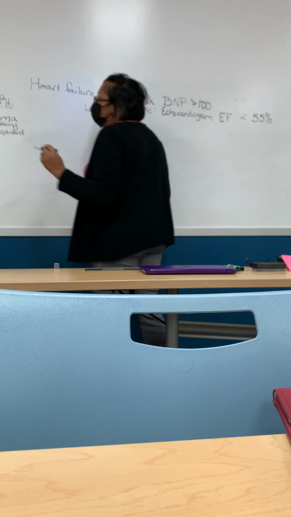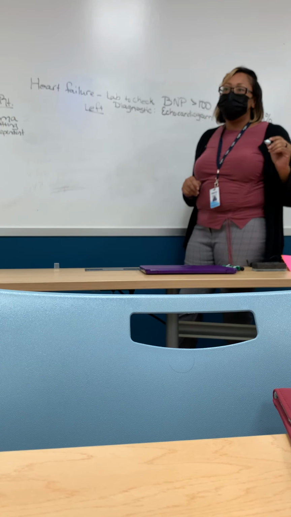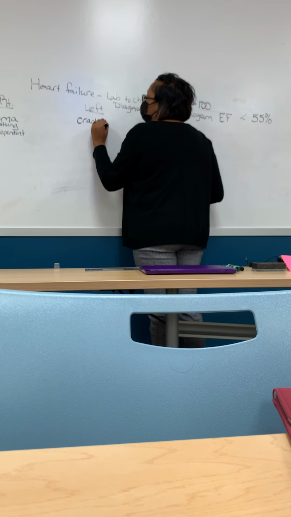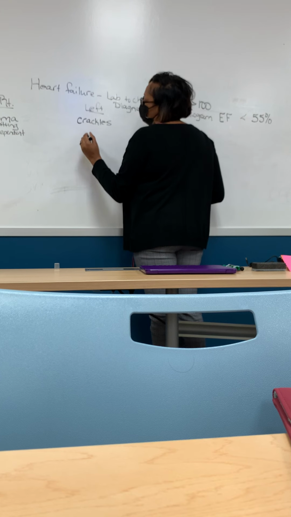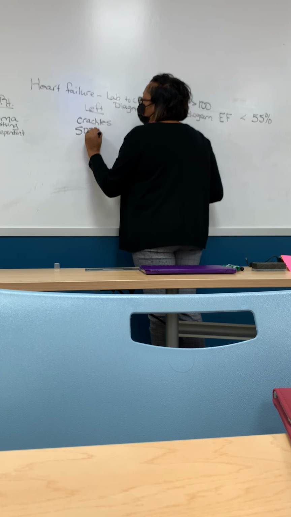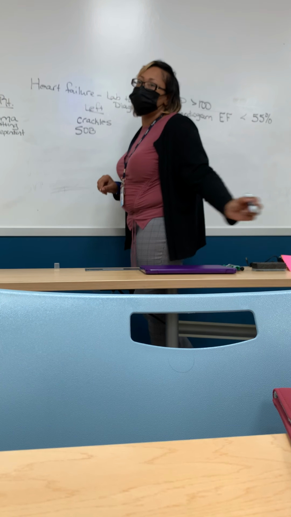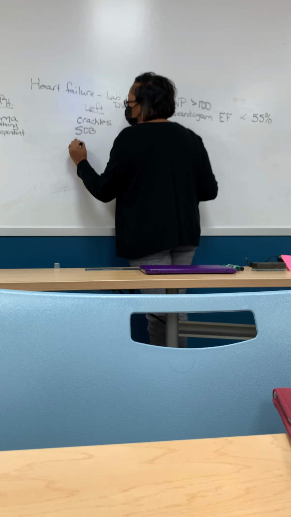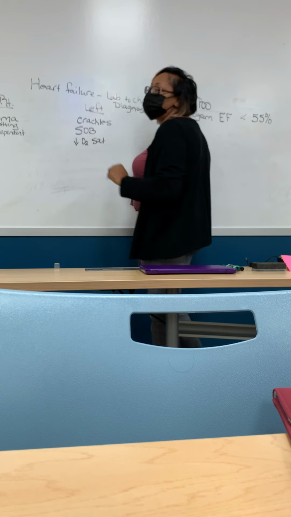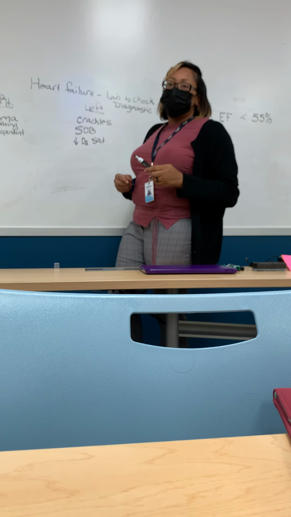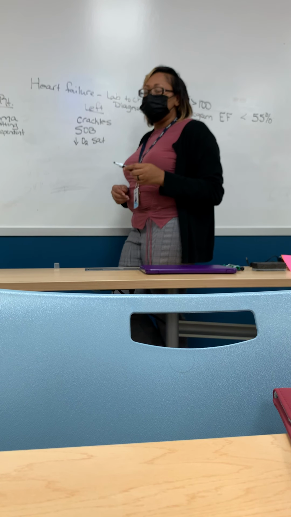If your patient has crackles, left. If your patient has shortness of breath, left. If they have an O2 stat of 88, left. So anything that has to do with oxygenation is going to be left. If your patient has ascites, right.